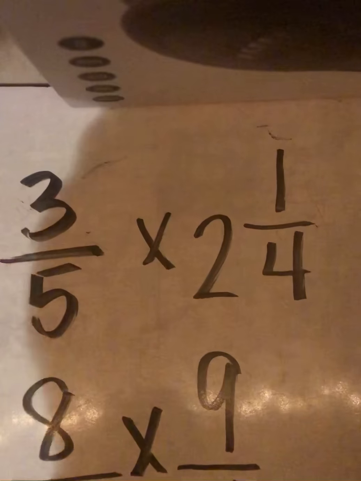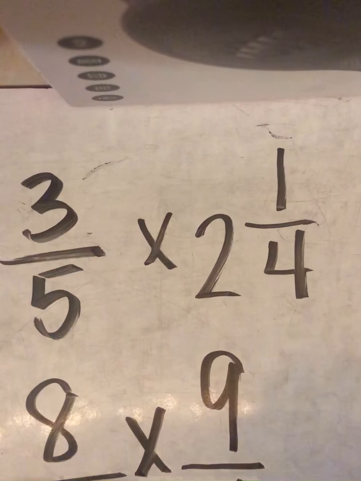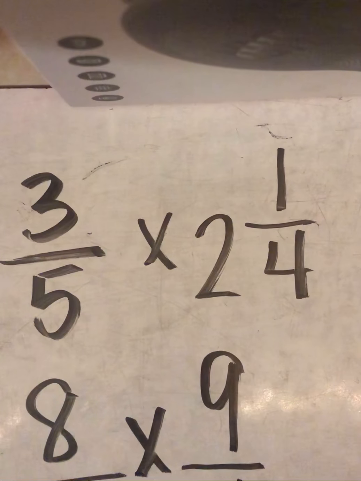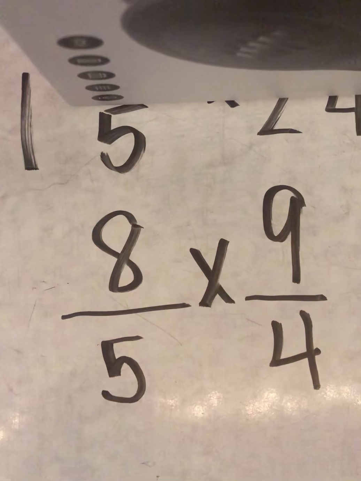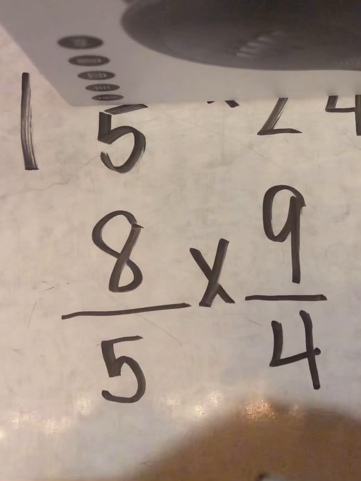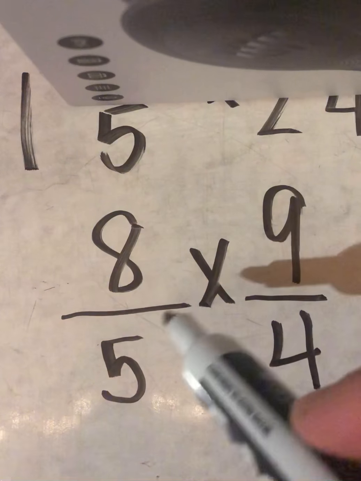Now the next step was to cross simplify. When we cross simplify, we're looking to see if the opposite numerator and the opposite denominator have a common factor. If they do, I'm able to simplify. I'm sorry for that shadow. I'm trying my best to use this without my whiteboard or an Elmo.